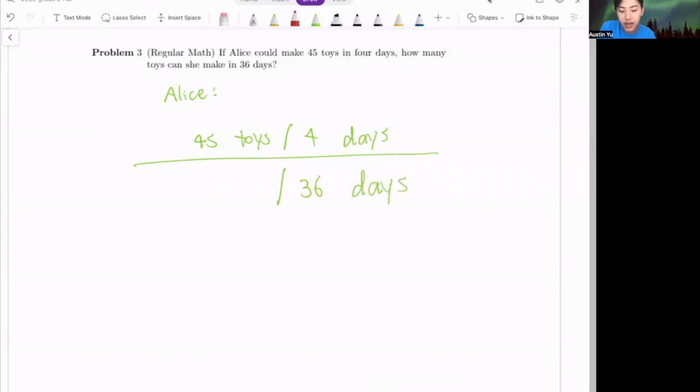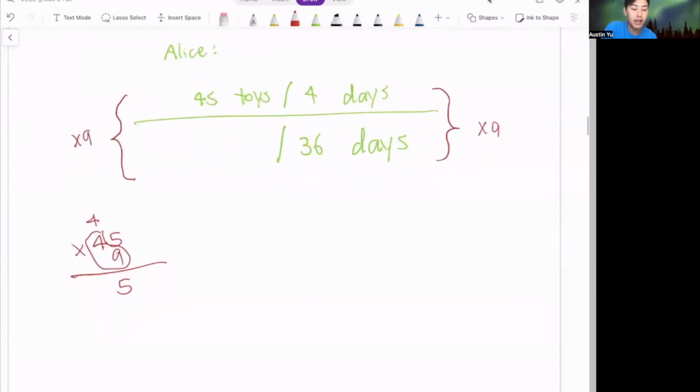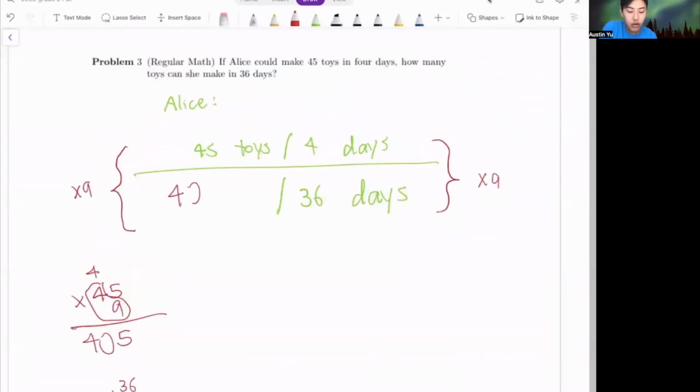And as we can see here, it is being multiplied by 9, because 4 times 9 is 36, and that's exactly 36 days, we also have to do the same on the left side. We multiply 45 by 9. 5 times 9 is 45, carry over the 4. 4 times 9 is 36, plus 4 equals 40. Therefore, Alice can make 405 toys in 36 days.